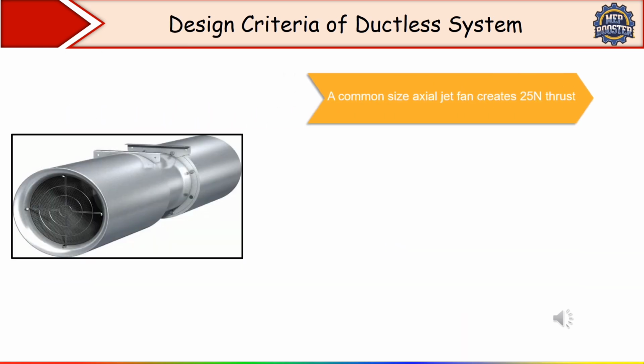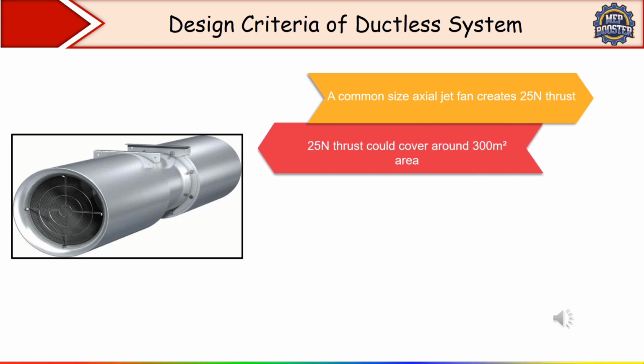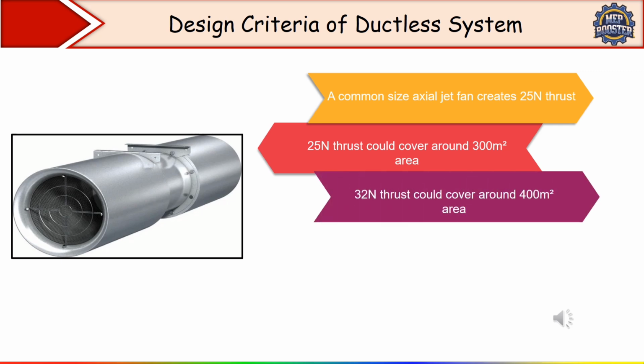Now see the placement of the jet fan, how you can place this jet fan. Suppose this is my axial jet fan. A common size axial jet fan creates 25 Newton thrust. We know that a 25 Newton thrust jet fan could cover around 300 square meter area.